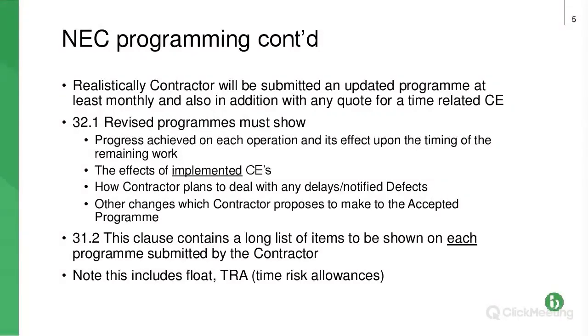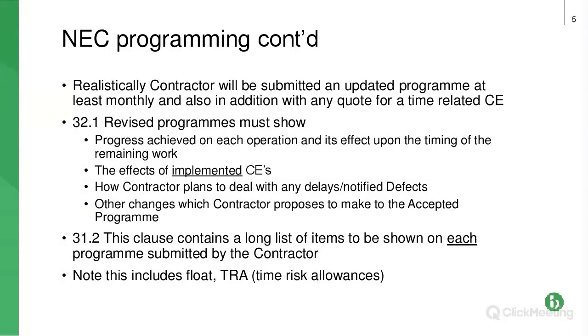So it means that if there's a delay relating to a compensation event, the float can be used to take account of that delay, with the time risk allowances that belong to the contractor covering contractors' delays, contractors' shortcomings, basically.